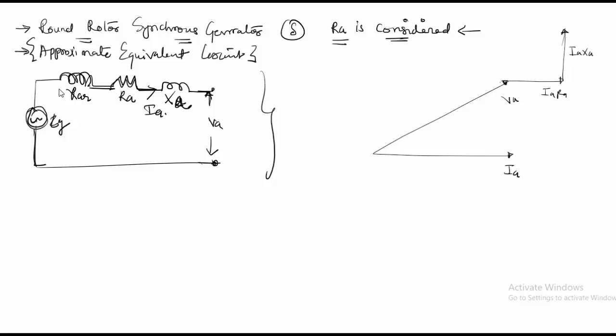So there is no IQ or ID present here, because this is a round rotor machine, and it's possible to join this, and it's possible to say that this is my EG and this is my VA.